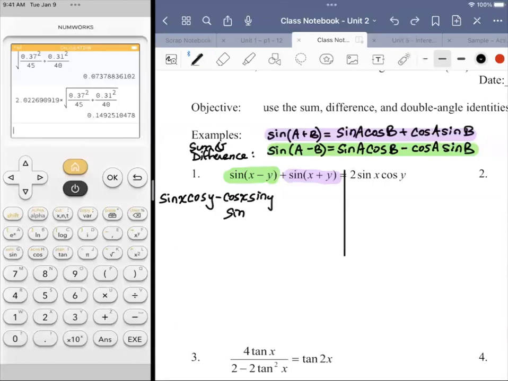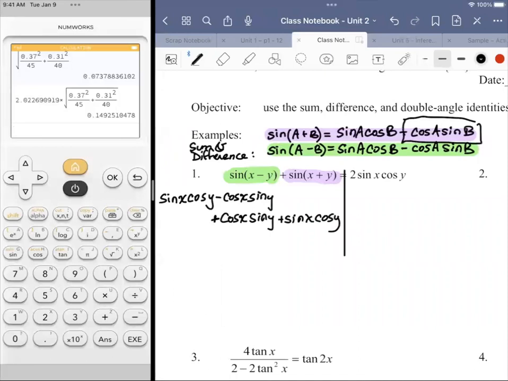One would be to stack them one upon the other. The other, like I was saying, you just write it in reverse. I'll put this part at the beginning. So cosine X sine Y plus sine X cosine Y.